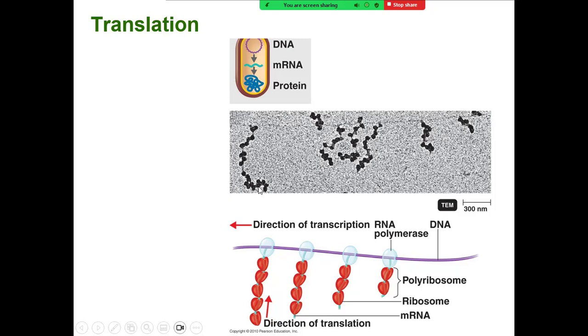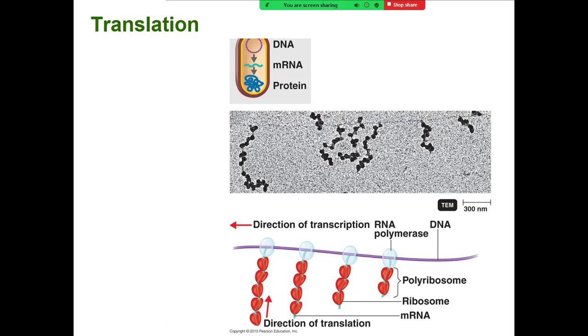Obviously, this one started first, and that's why it's longer. And then that's the next, well, that one you can't see, but that's the next longest. These are shorter, shorter, shorter, and there's the newest one. It's the shortest. Any question about that? So this complication can happen in both eukaryotes and prokaryotes, and that is you can have more than one messenger RNA being transcribed on one gene.